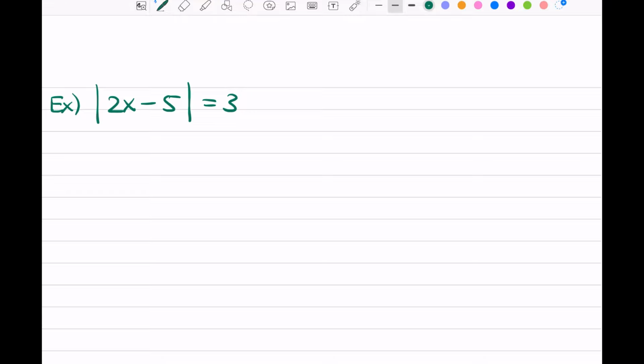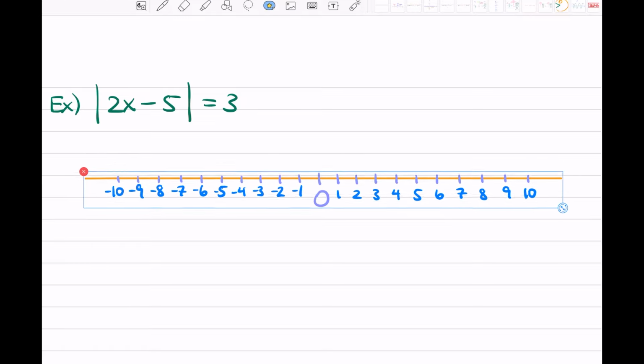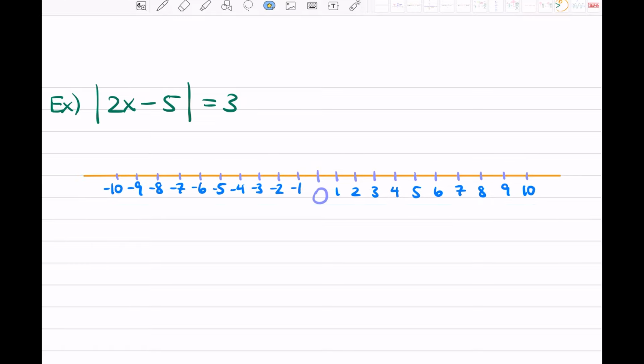So let's bring out our number line. So we have the distance from 2x to 5 is 3. All right, we have 5 on the number line. The distance from 2x to 5 is 3. So we can go 3 steps out on each side. That means 2x is right here, or 2x is right here.